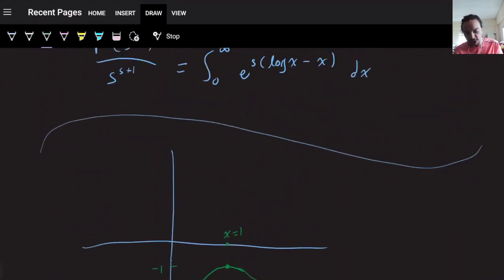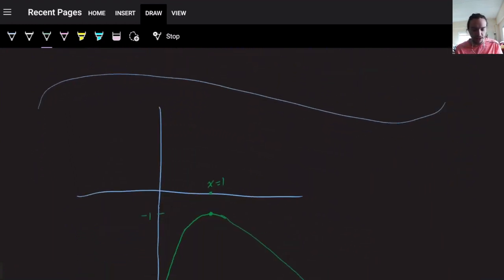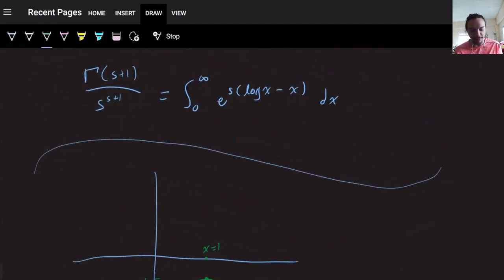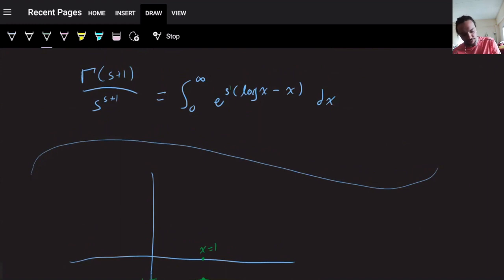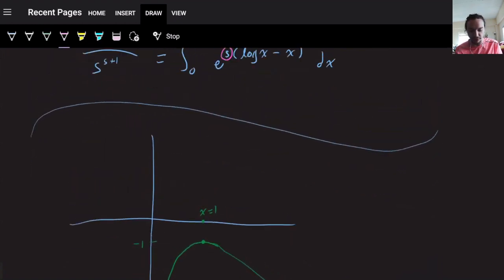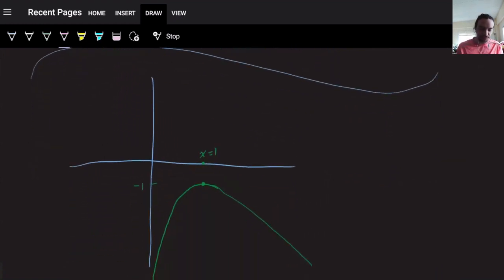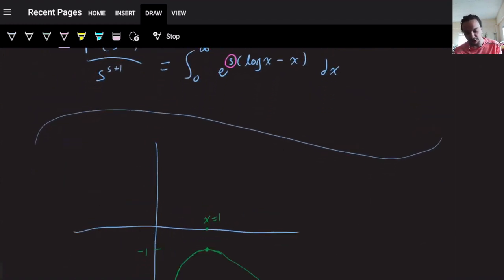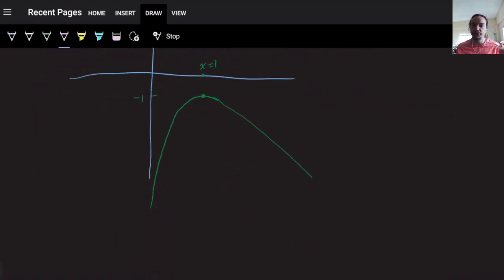So if we take e to this function, we're going to get some new function, all right? But now what happens if we make this number s really big? If we multiply this function by a very, very big number s, e to some big number is going to be really big, but e to some big negative number, because log x minus x is negative, is going to be really, really, really small.